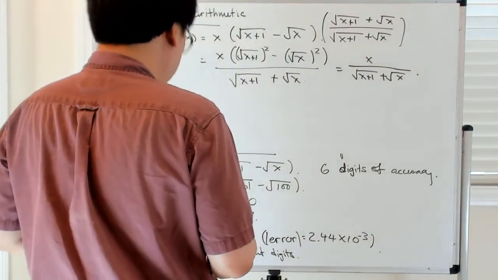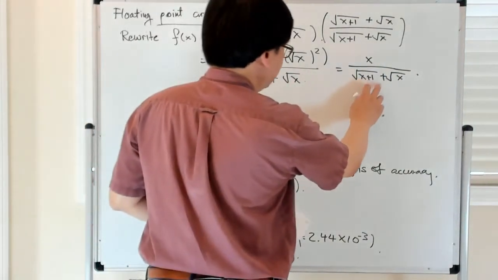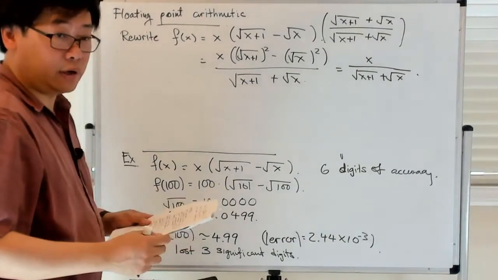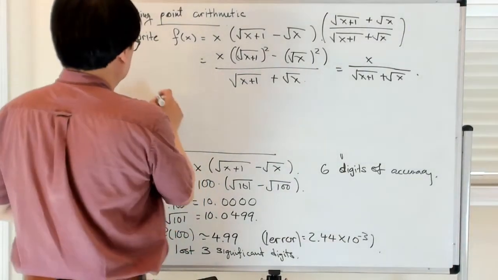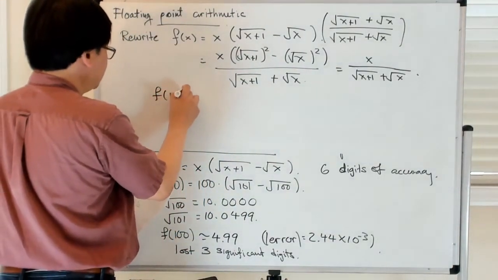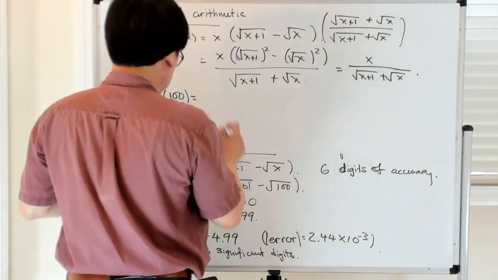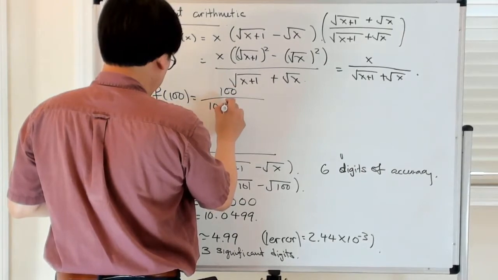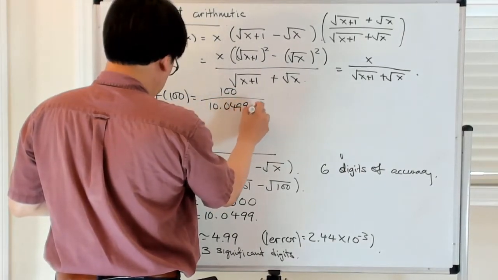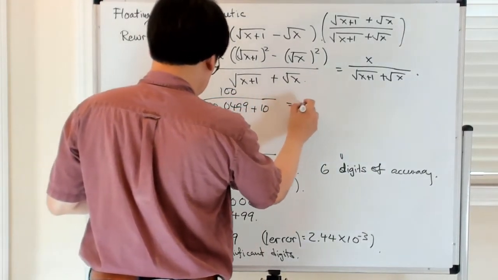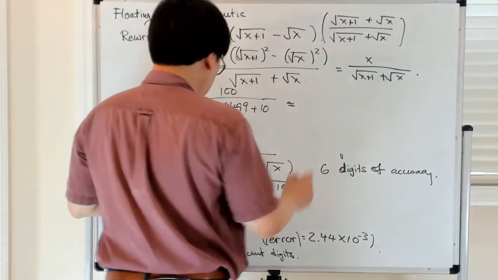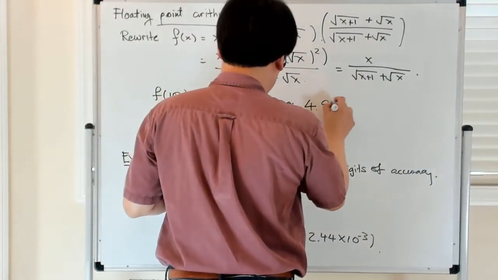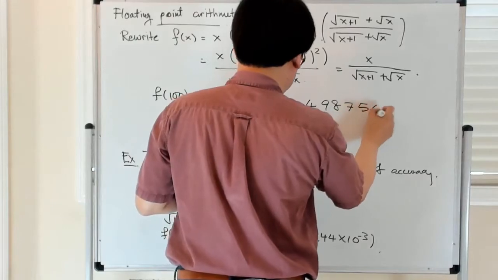So now you don't have the situation where you're taking the difference of two numbers which are very close to each other. So f of 100, for example, just becomes 100 divided by 10.0499 plus 10. This is approximately equal to 4.98756.